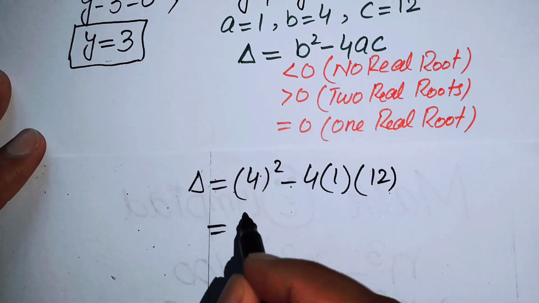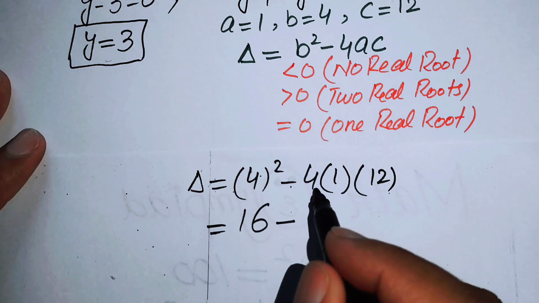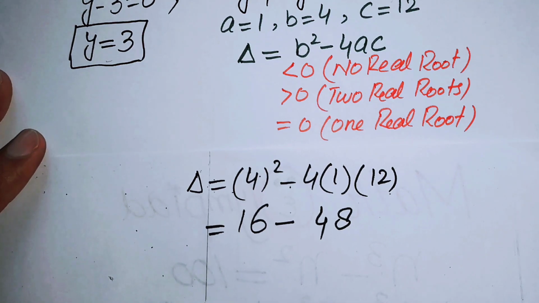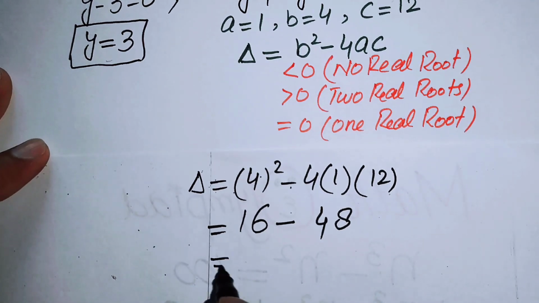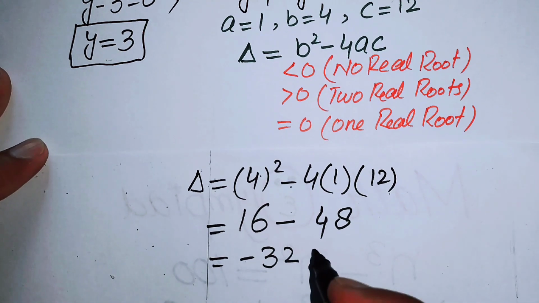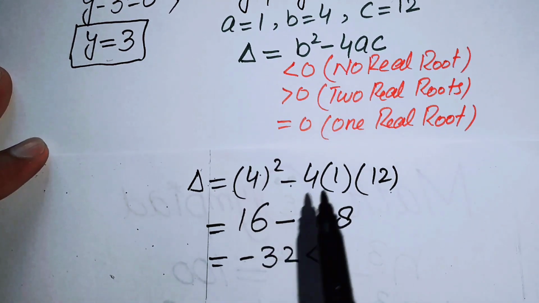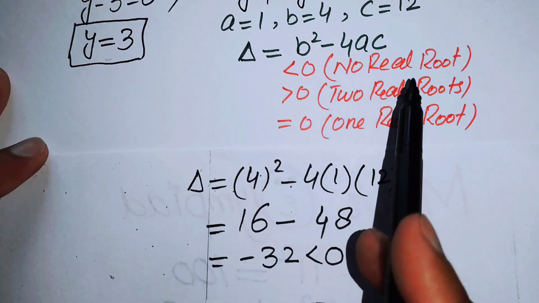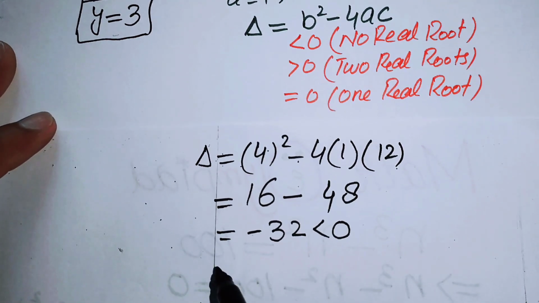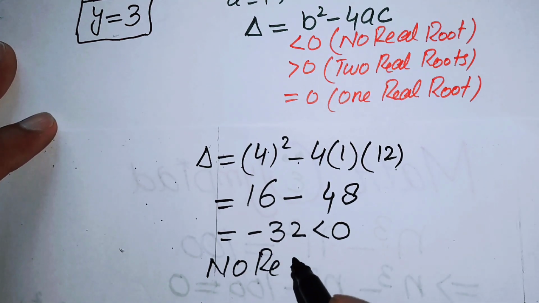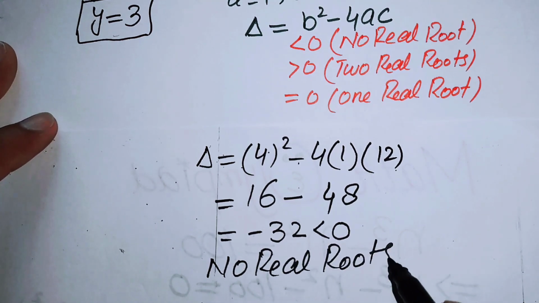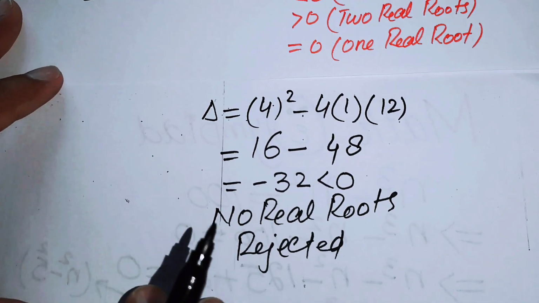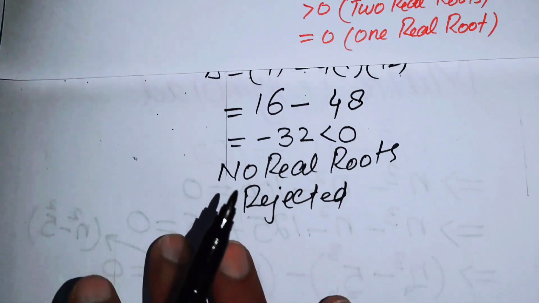So it becomes 4 squared is 16 minus 4 times 12 is 48, and 16 minus 48 is equal to minus 32. And you see that this delta is less than 0, and if delta is less than 0, then the quadratic equation has no real roots. So I can say that this equation has no real roots, so I can reject this case, and I will proceed with the first case only.